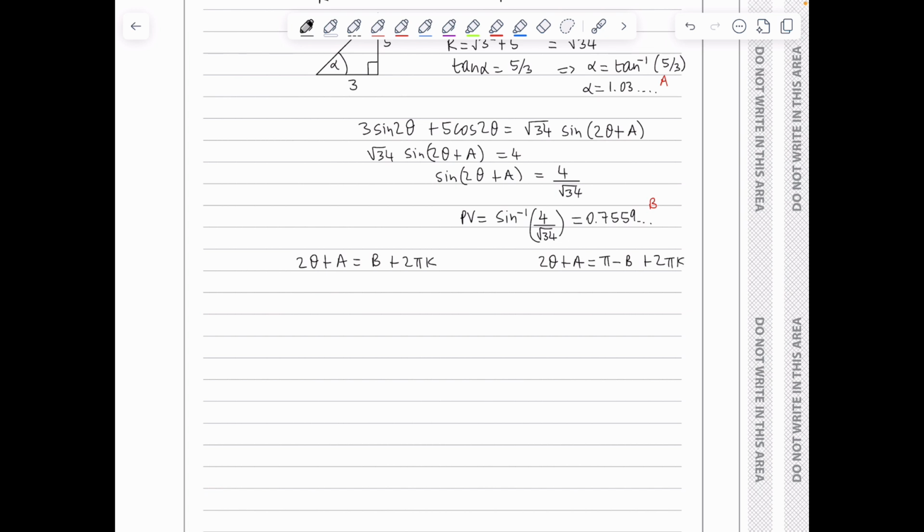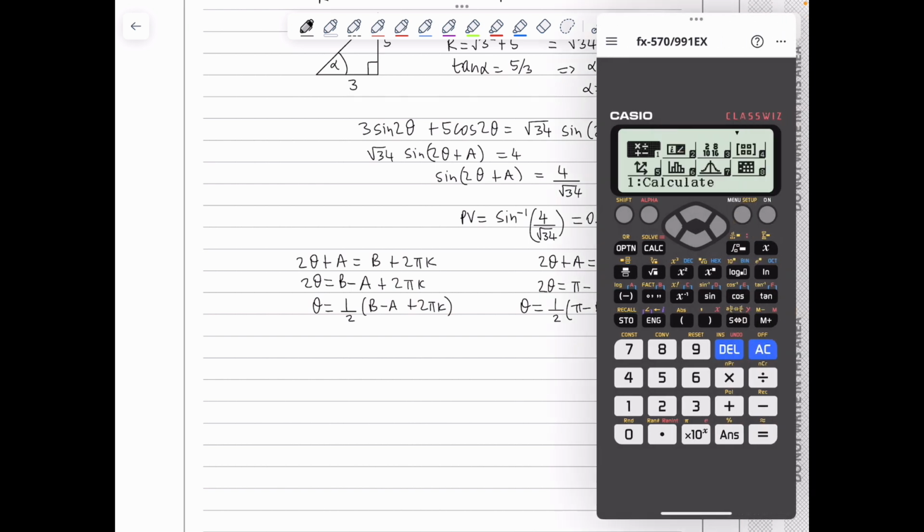I will be solving for theta, so 2 theta is equal to B minus A plus 2 pi k, which means that theta is a half of B minus A plus 2 pi k, or 2 theta is pi minus B minus A plus 2 pi k, which means that theta is a half of pi minus B minus A plus 2 pi k. And I can actually automate the whole process on the calculator.